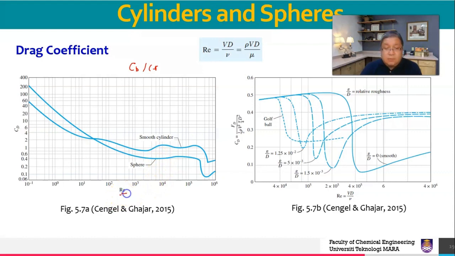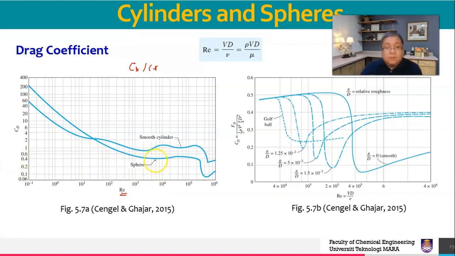So when you get the Reynolds number, you just choose whichever geometry you are referring to, either smooth cylinder or sphere, or any other type of surface, because this is based on the surface roughness, relative roughness. This one is for a smooth surface. So for example, if you have 10 to the power of 4 for the Reynolds number, then you will have this value.